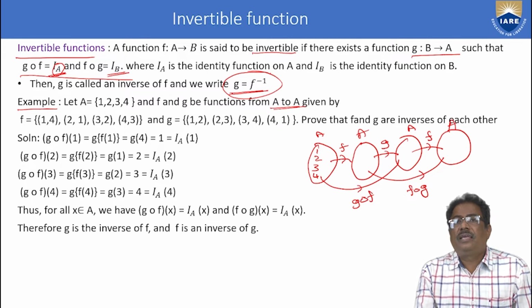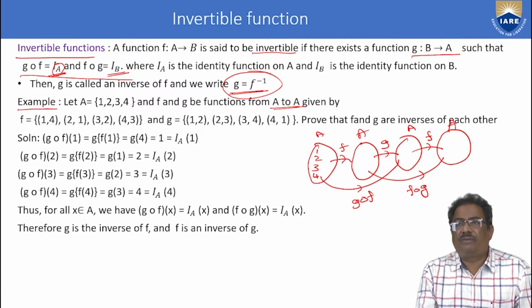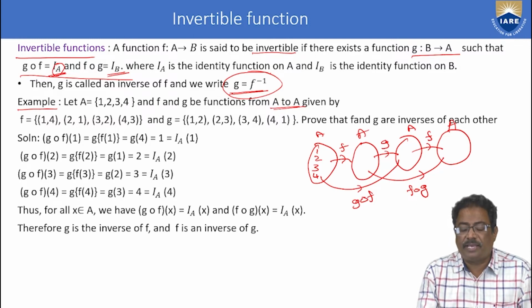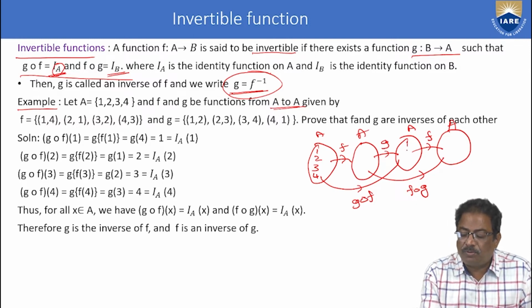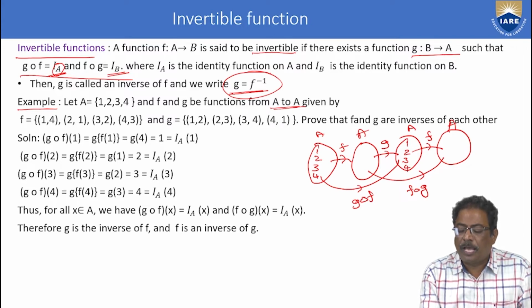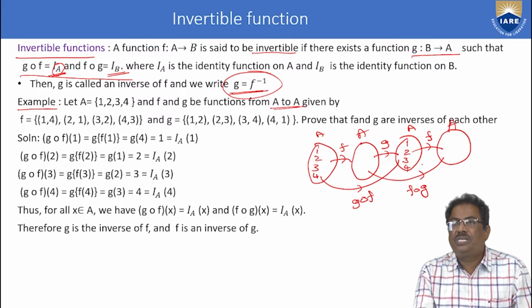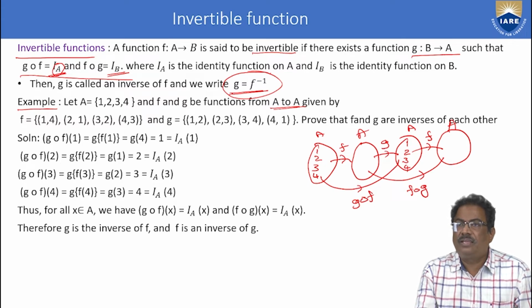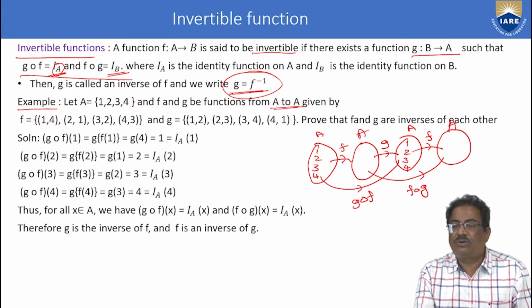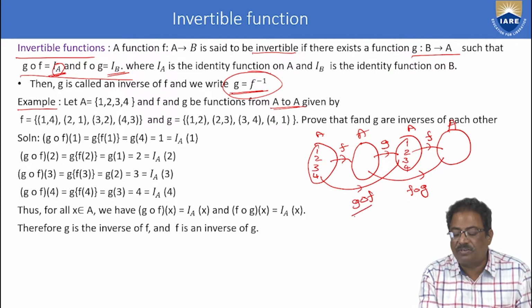So here, if I am taking g of f of 1, then that should be equal to 1, and g of f of 2 should be 2, g of f of 3 should be 3, and g of f of 4 should be 4. Then only we can say that g of f is the identity function.